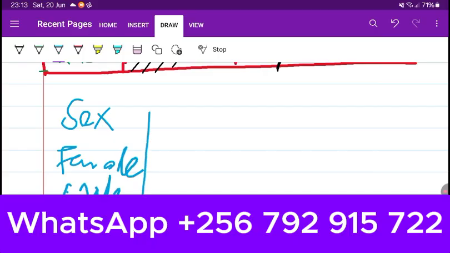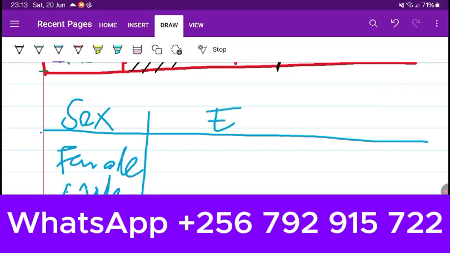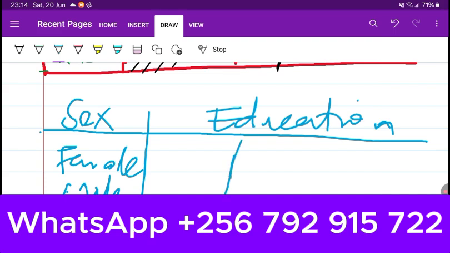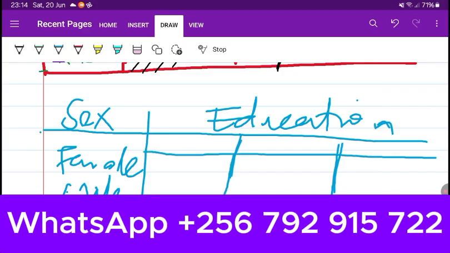Then I have education. Let me just call it education. And within the education, I have also different sections. Maybe I have the one for primary, secondary, and then the tertiary. But all this information is relating to male and female.